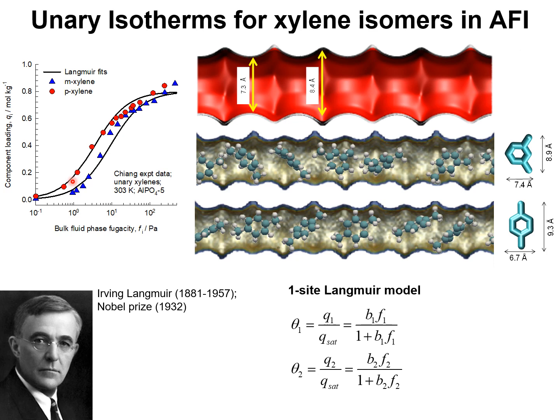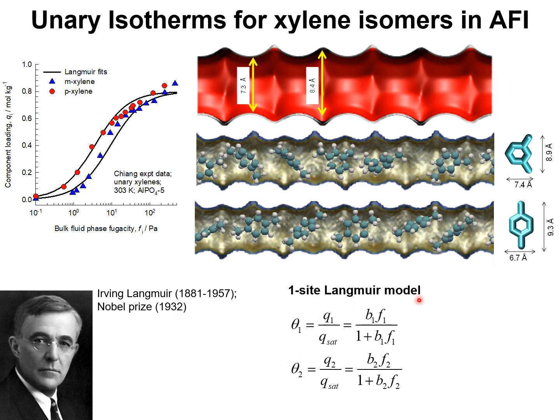The binding constant is slightly larger for paraxylene than for metaxylene, and the continuous solid lines are fits of the unary isotherm data using the single-site Langmuir model. Irving Langmuir obtained the Nobel Prize in chemistry in 1932.